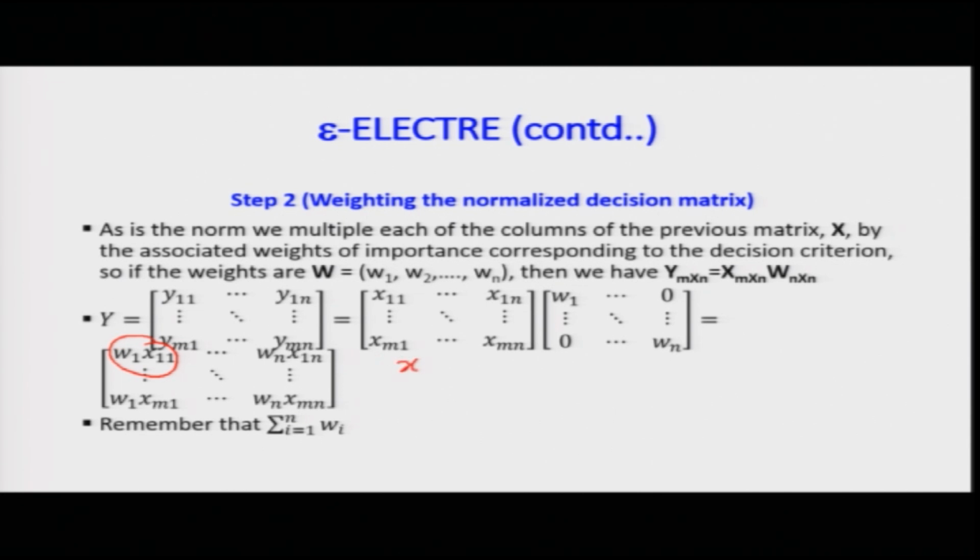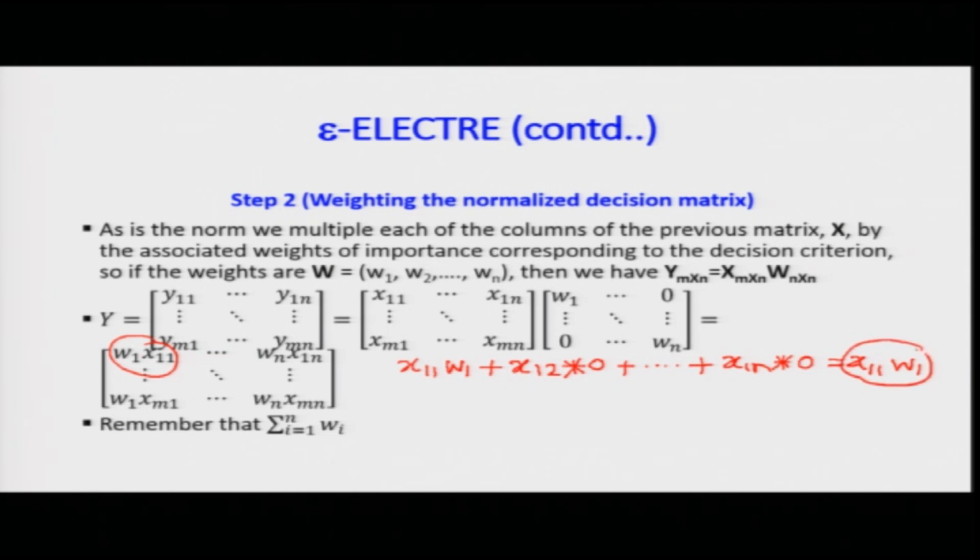This would be x11 multiplied by W1, then the next value would be plus x12 into 0, and all the values till the last one, which is x1n, would be multiplied by 0. So, the value becomes x11 W1. This is the value which I have. So, this red color and red color match.